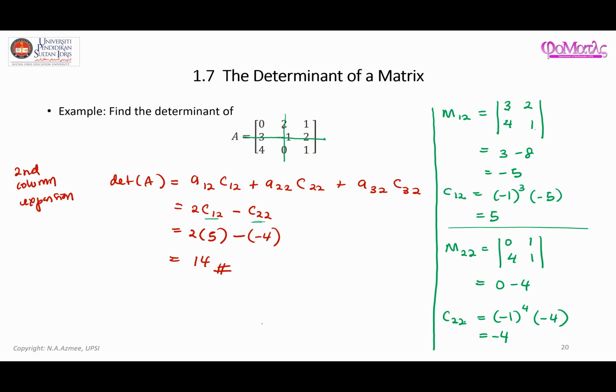And again, you get the same result, but this time we considered the second column expansion. Of course, for the fun of it, you can try on your own. Try to do it for the first column expansion, and you should be able to get the same result.